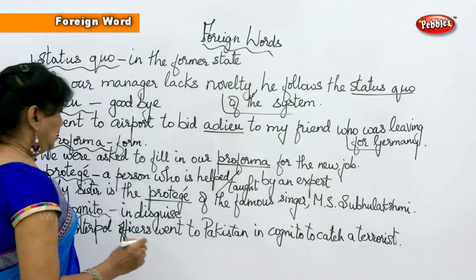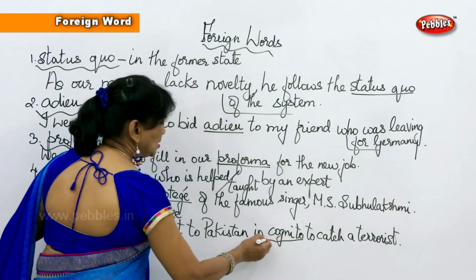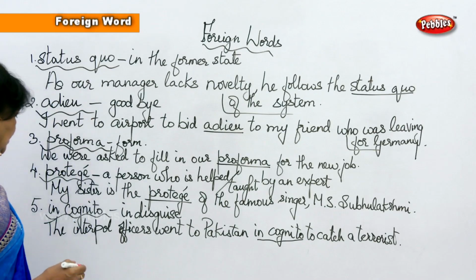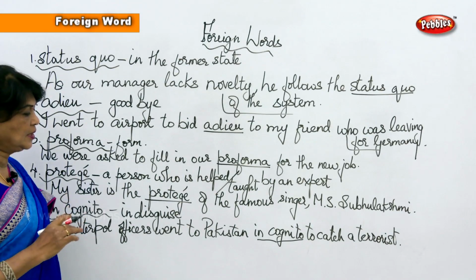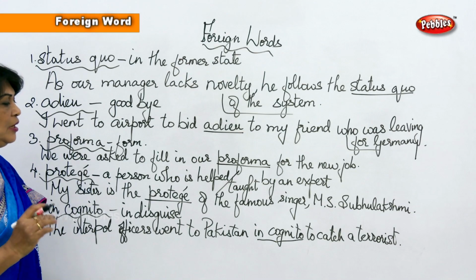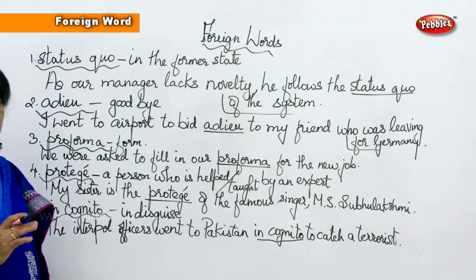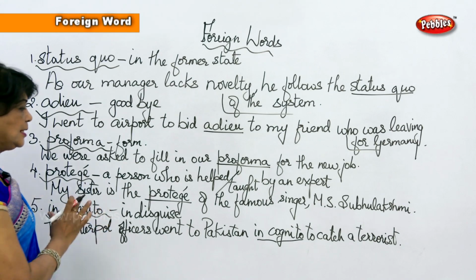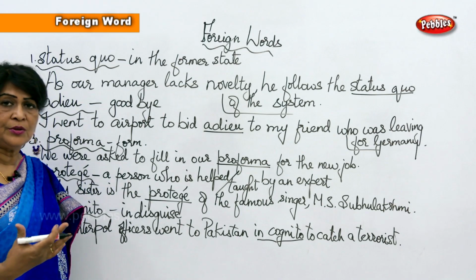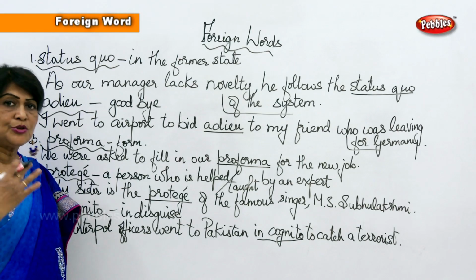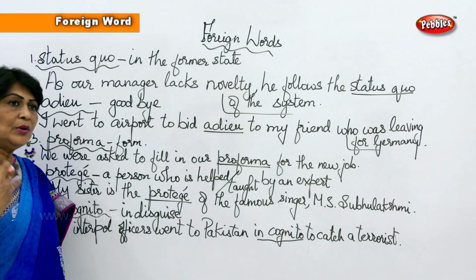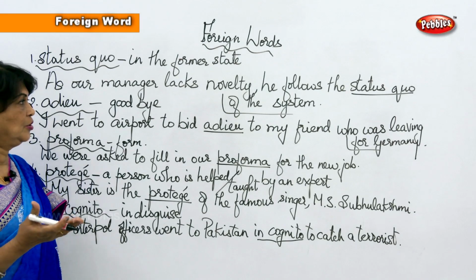Okay, incognito means in disguise. The Interpol officers went to Pakistan incognito to catch a terrorist. Do you understand now the meaning of it? In disguise. Disguise, do you know? Like covering up their true identity, they go as a different person altogether.